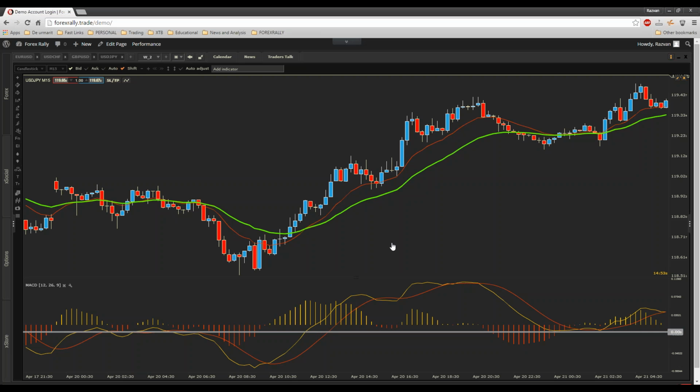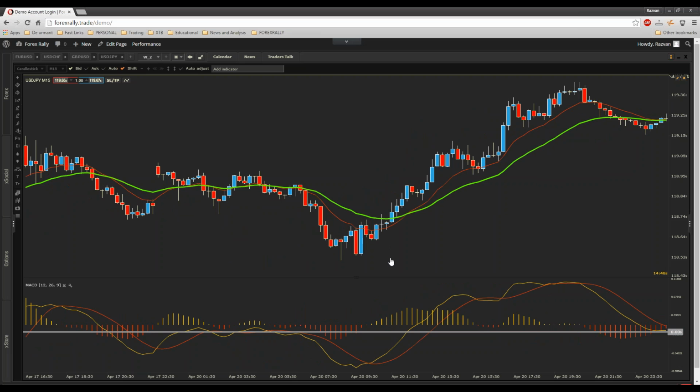Now, the other signals that the MACD gives you are buying signals when the signal line, the red line from here, gets out of the MACD. So the 9-period signal line is actually lower now than the MACD. This is a buy signal.